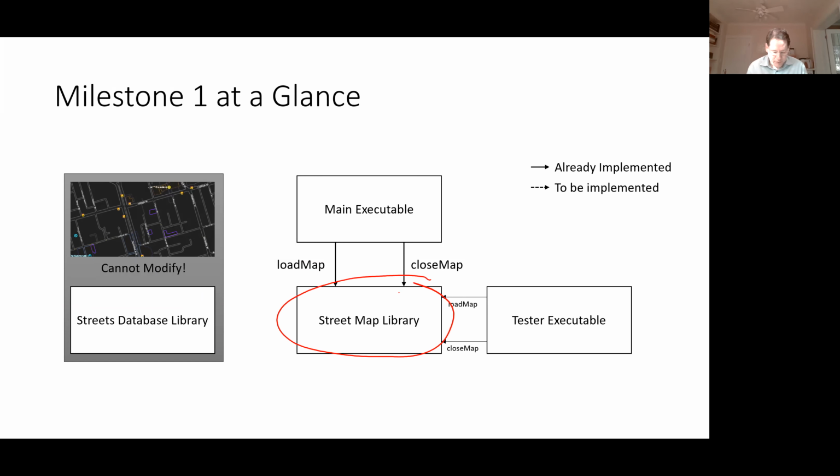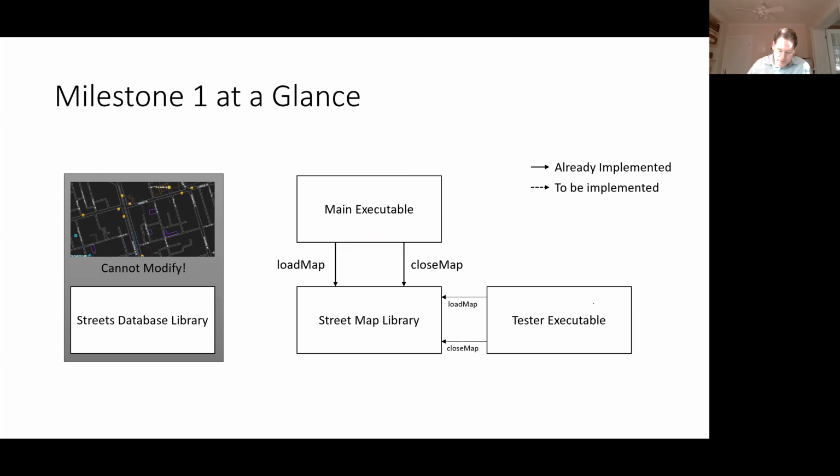Your source code will be compiled into a library called the street map, and we will also compile a little bit of source code, not most of it, into the main executable. And that main executable can talk to this street map library. When you run your user interface in Milestone 2 and so on, you can run this main executable. It's what an end user would use.